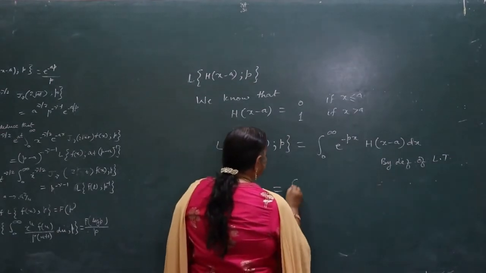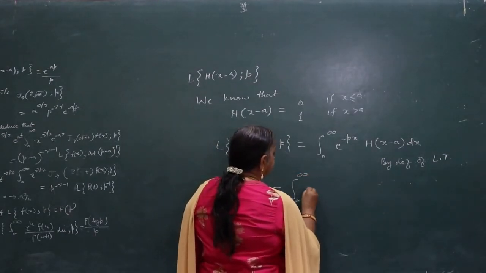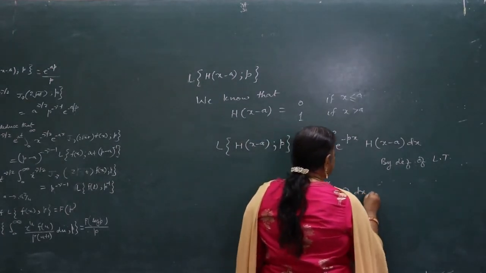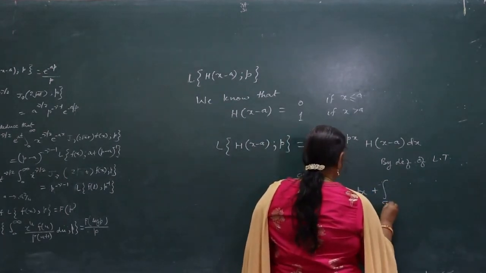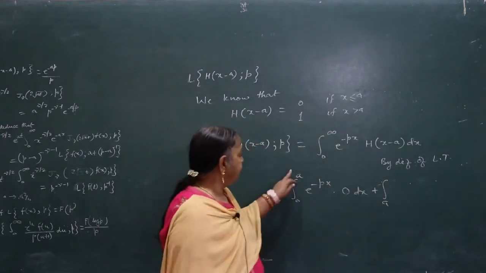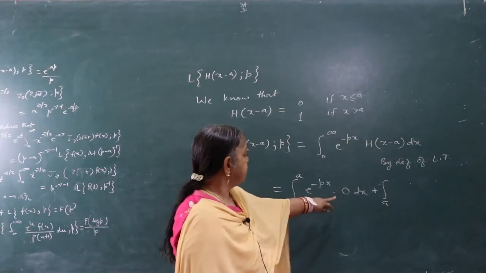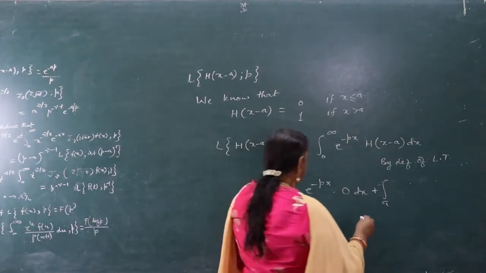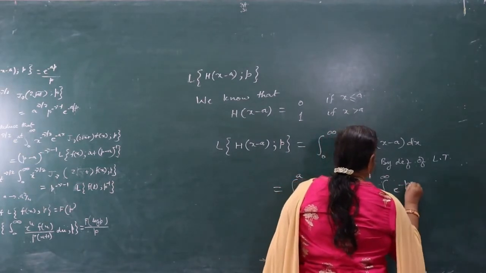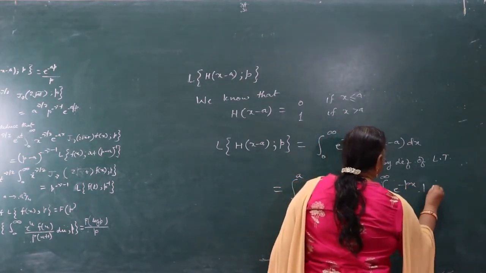Now this is equal to integral 0 to infinity e raised to minus px into 0 dx plus integral 0 to a e raised to minus px 0 dx plus integral a to infinity e raised to minus px into 1 dx.